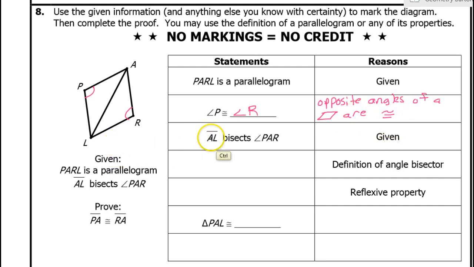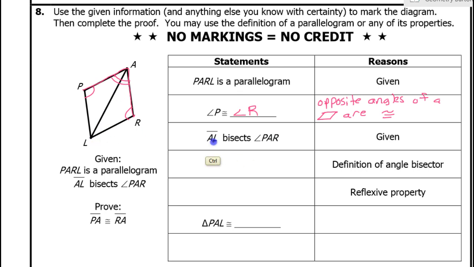Okay, now we have additional information. AL bisects angle PAR. Okay, so look, here is angle PAR. PAR is up top. Here is angle PAR right here.